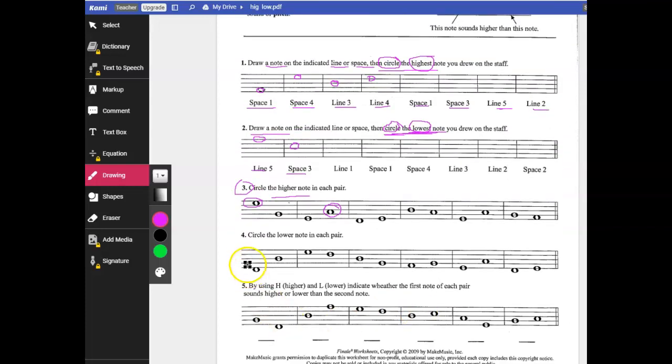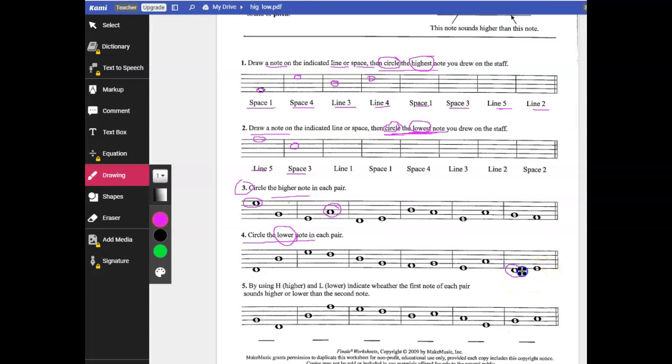For number 4, instead of circling the higher note, you're going to circle the lower note. Again, you're looking at the 2 pairs of notes in between the bar lines, and you're going to circle the lower note of the 2. Here I'm going to go to the very end of the line, and between these 2, this one is underneath the staff, and this is on the bottom.